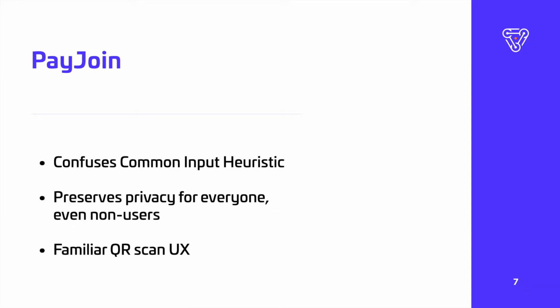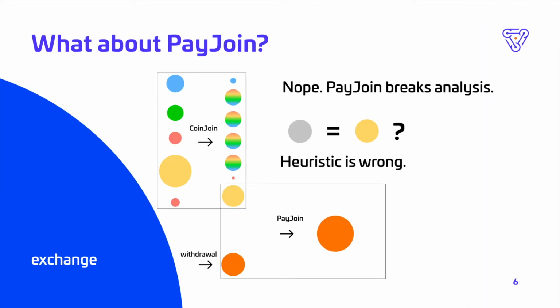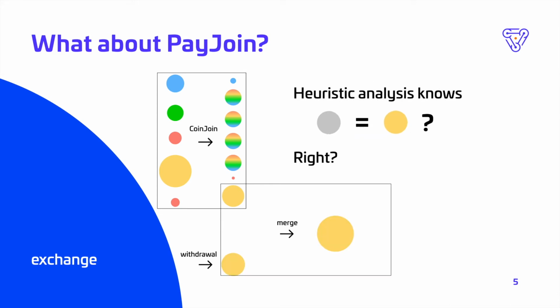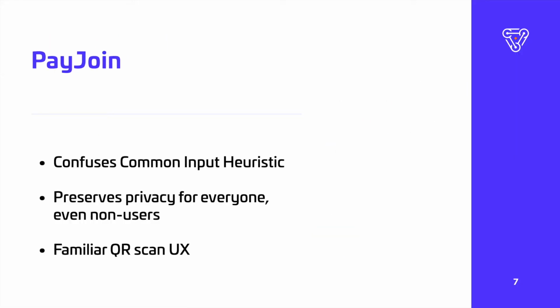By breaking this heuristic, anyone who has a transaction that looks like this merge, this PayJoin, either of these, it could be either of these realities. So it provides them privacy. It provides some indistinguishability for them. And I'll show you how this looks from a UX perspective.